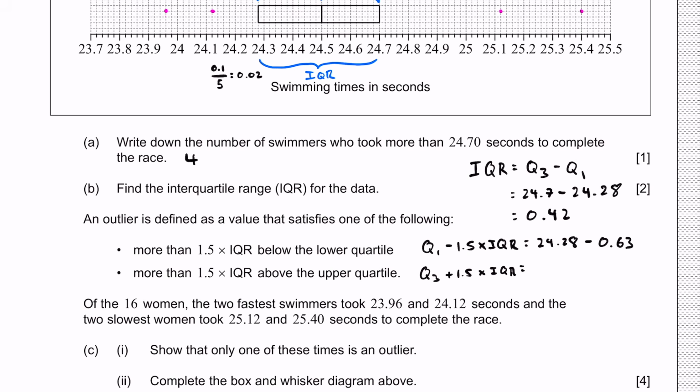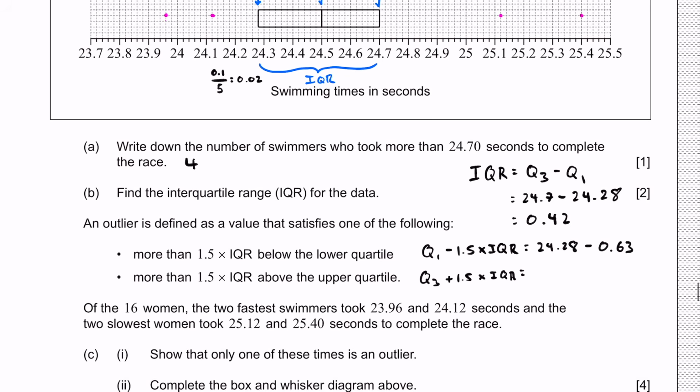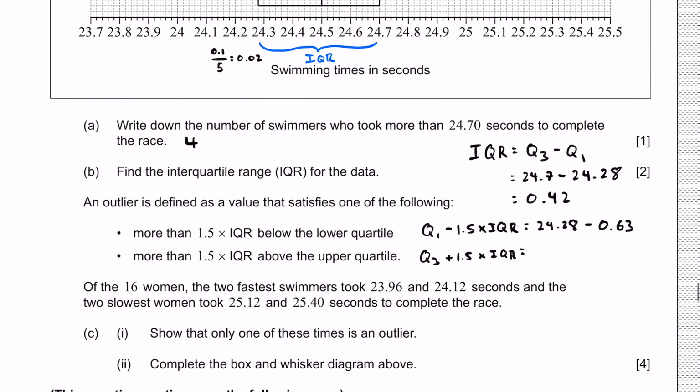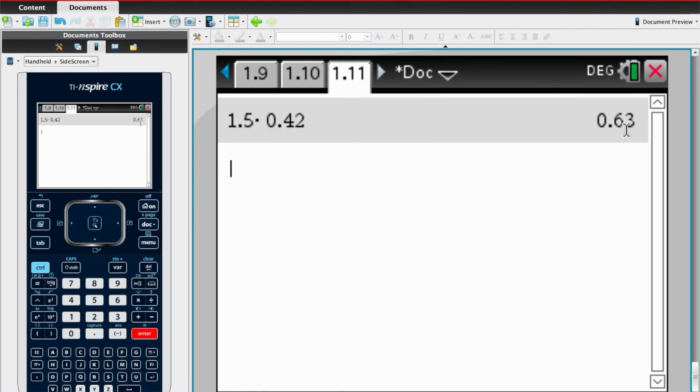And Q3 plus 1.5 times IQR, let's find the bounds for these outliers on the slowest times. Q3 plus 1.5 times IQR, this is going to be 24.7 plus 0.63. So let's go to the calculator and work these out. Let's find the lower bound first, 24.28 minus 0.63.